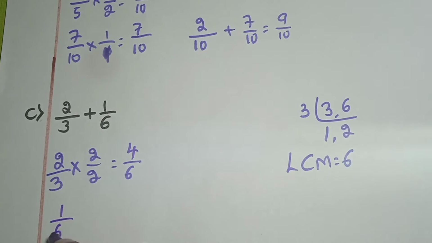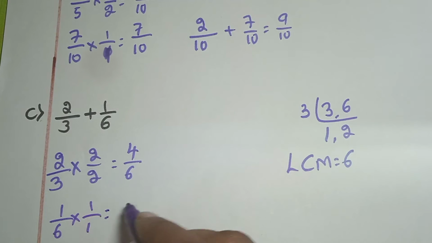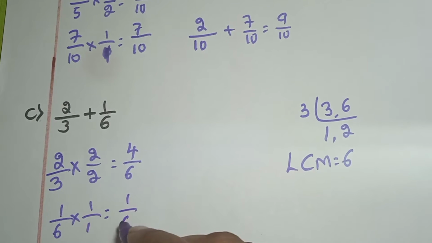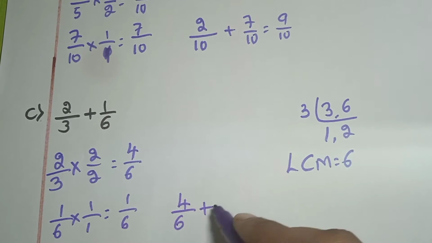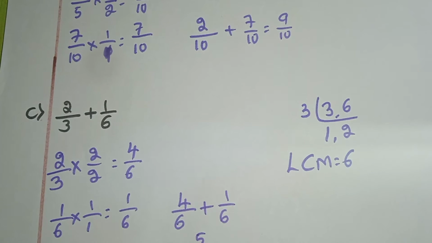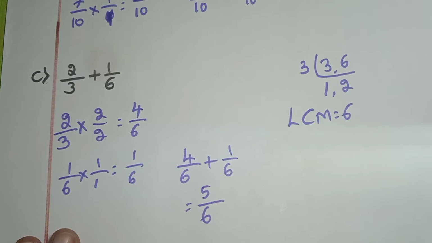Here 1 by 6 stays 1 by 6. Now add these fractions. 4 by 6 plus 1 by 6 is equal to 5 by 6. 5 by 6 is the answer for 2 by 3 plus 1 by 6.